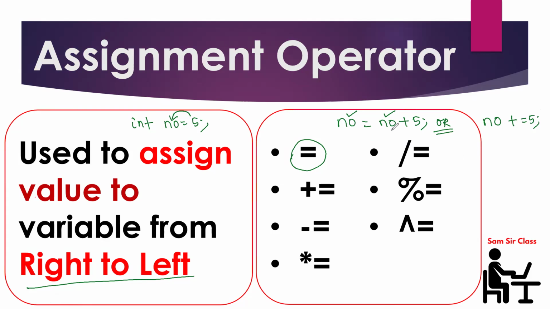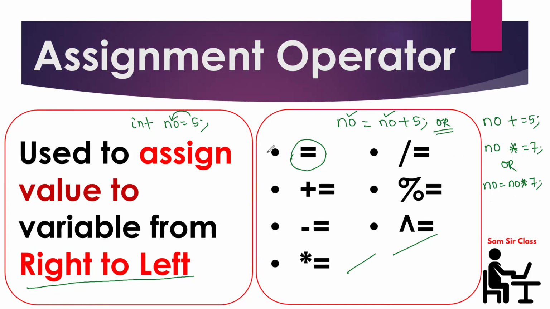Number plus equal to 5 means number equal to number plus 5. Similarly, if I write number multiplication equal to 7, I interpret it as number equal to number into 7. The same case applies for all the symbols.